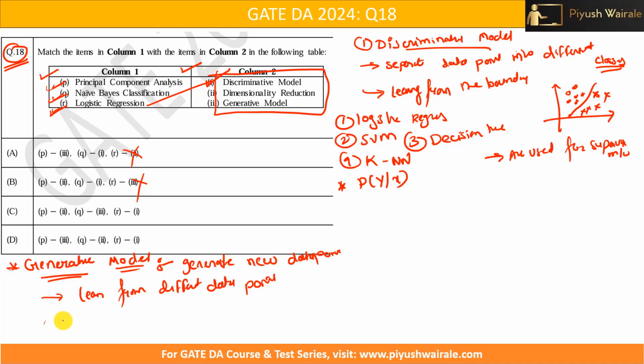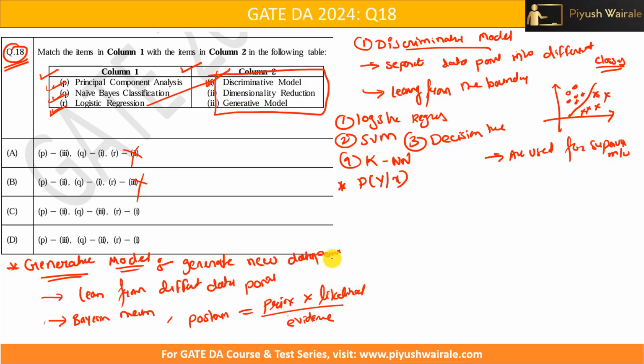For this purpose, we use the Bayes theorem: posterior probability equals prior times likelihood divided by evidence. We already discussed this in machine learning as well as in AI, so using Bayesian methods this model learns from the data.